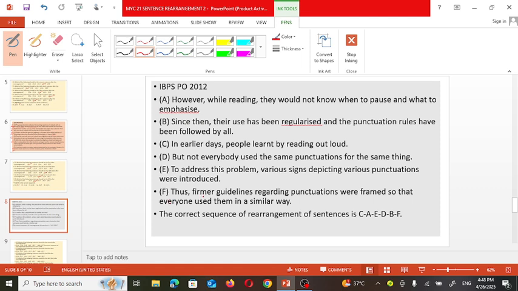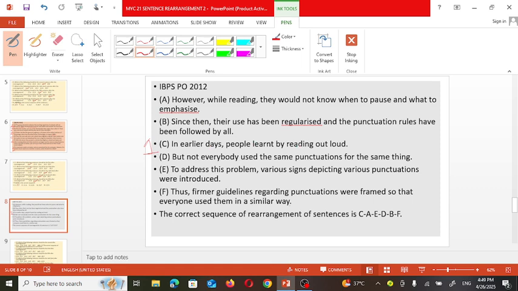Thus, firmer guidelines regarding punctuation were framed so that everyone used them in a similar way. So all these sentences are discussing the punctuation mark. After reading this, you are able to understand that sentence C can be the first one.